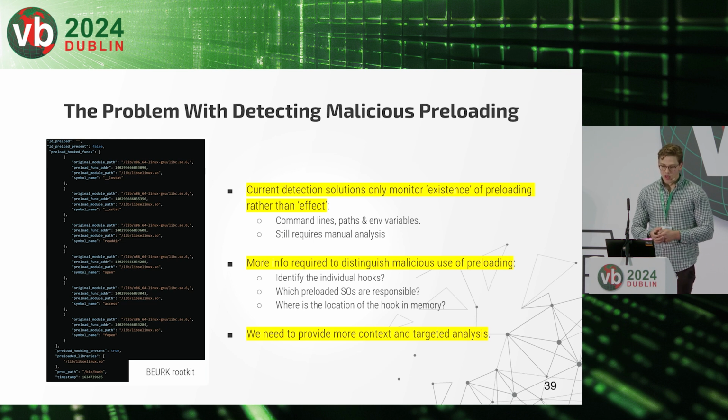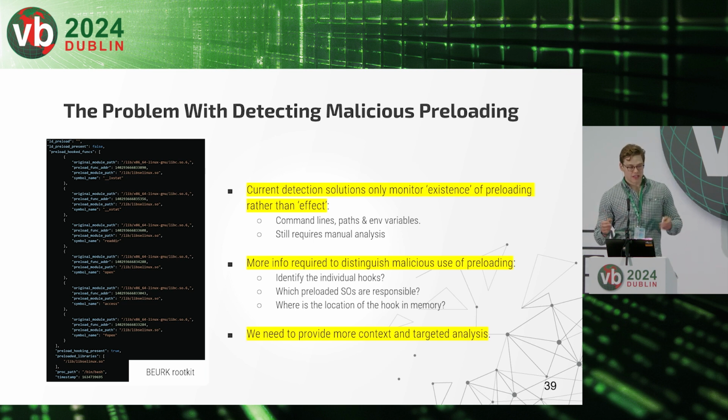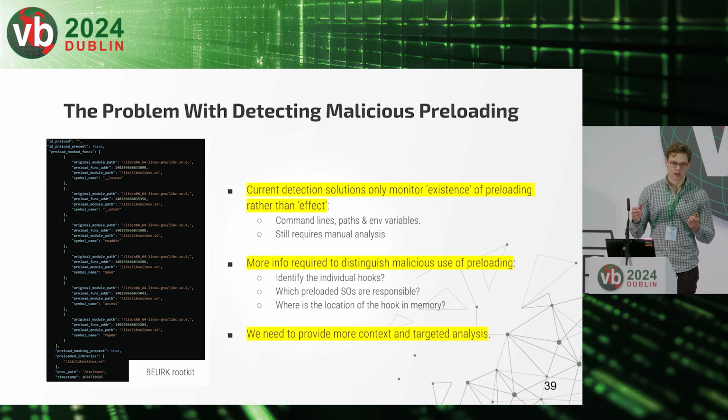And what we can see from here is there's a shared object pretending to be SELinux. It's preloaded itself into the bash process, and it's hooked a number of functions from libc. Now, all a defender or an analyst in a SOC needs to do is look at this, compare it to standard SELinux behavior, and realize, hang on a minute, something odd is up.